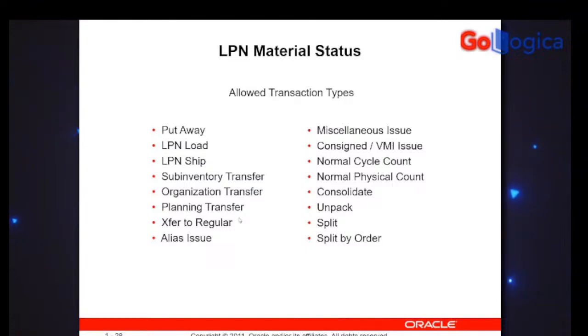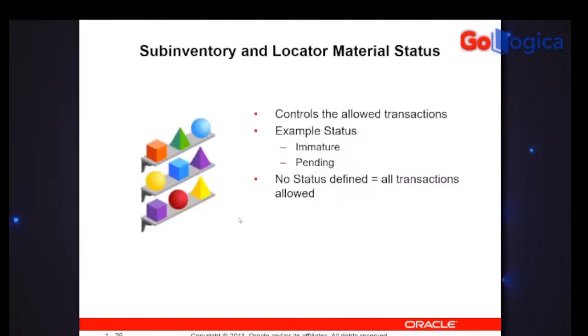So this is also one of the setups: subinventory and locator material status. Whenever we define a subinventory, there is a material status and locator material status that needs to be defined as well, and that controls the allowed transactions from or in that subinventory.